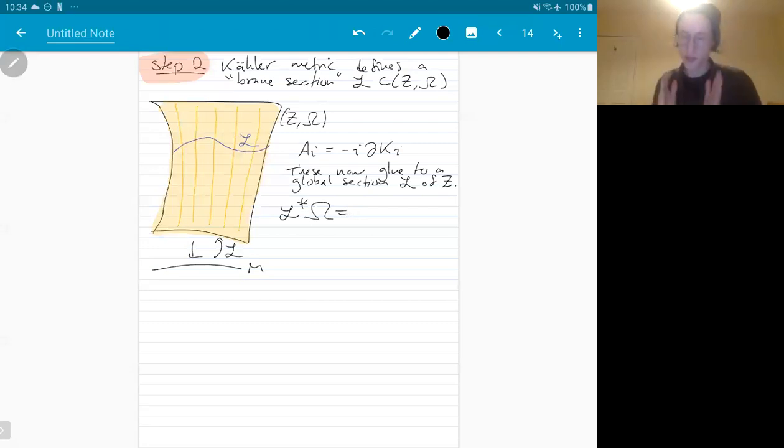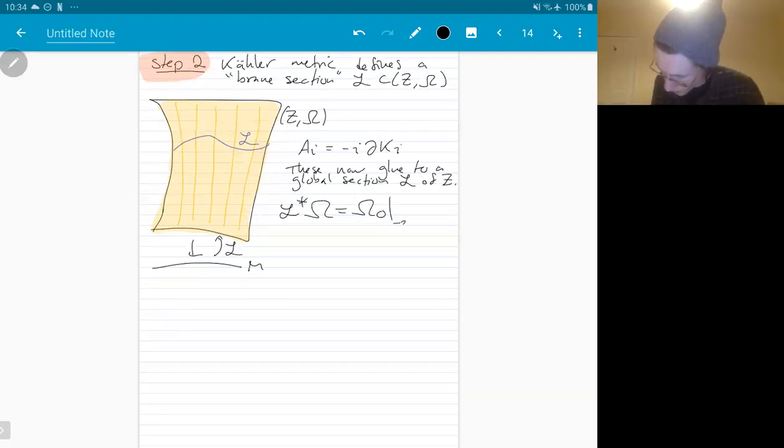Because this was built out of pieces of the cotangent bundle, it's the same thing as restricting the canonical symplectic form on the cotangent bundle to the graph of I dki. And this is the defining feature of the canonical symplectic form, that if you pull it back by a one form, what you get is D of the one form. So in this case, we get omega, we get the Kähler form.